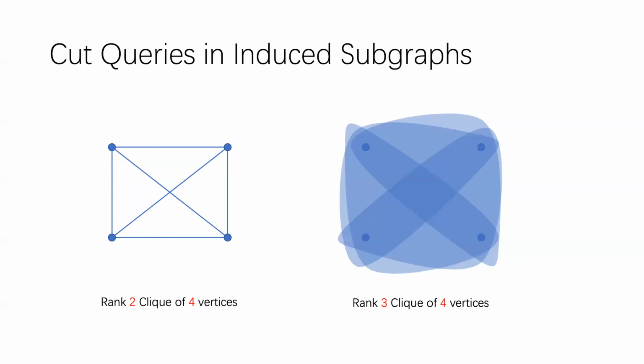It is not hard to see that every cut has the same size in both graphs. If the cut has 1 vertex on one side and 3 vertices on the other side, the cut size is 3 in both graphs. And if the cut has 2 vertices on both sides, then the cut size is 4 in both graphs. So this means that if we only use cut size queries, we cannot distinguish between these two graphs.